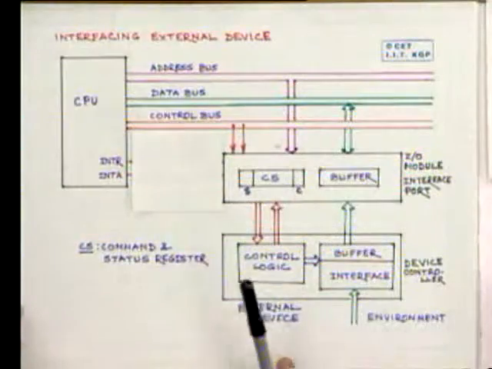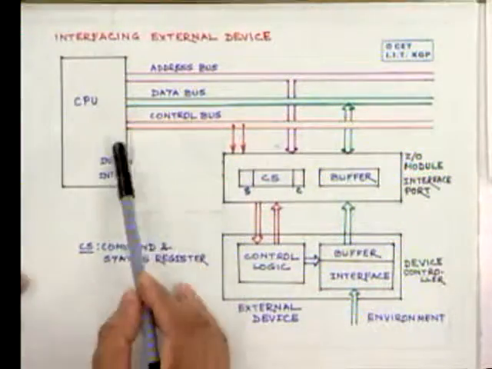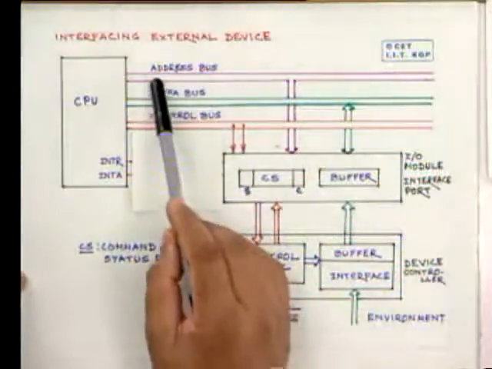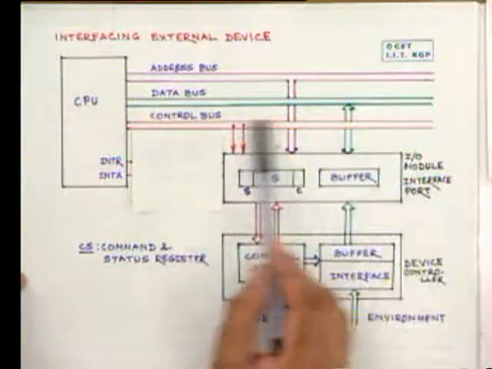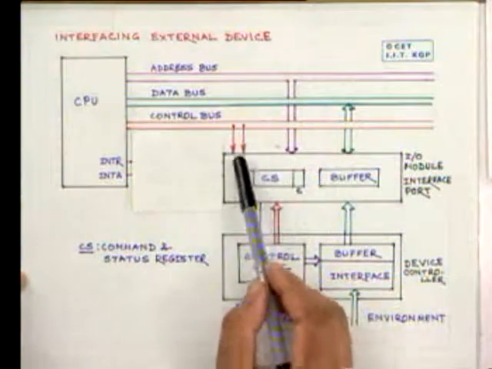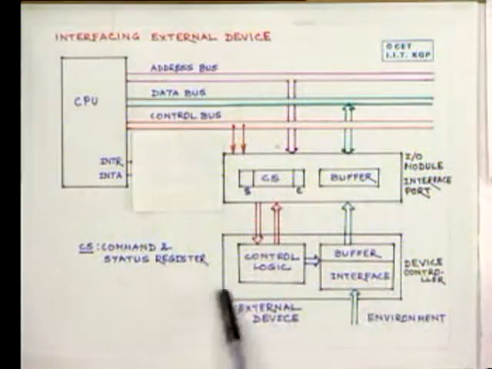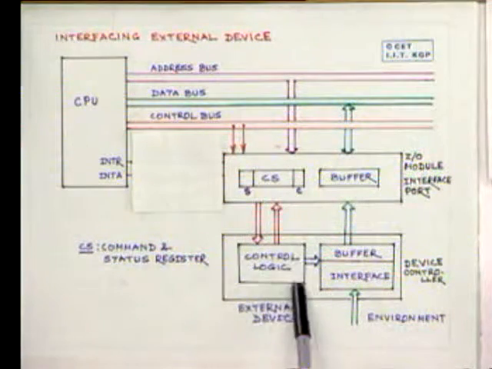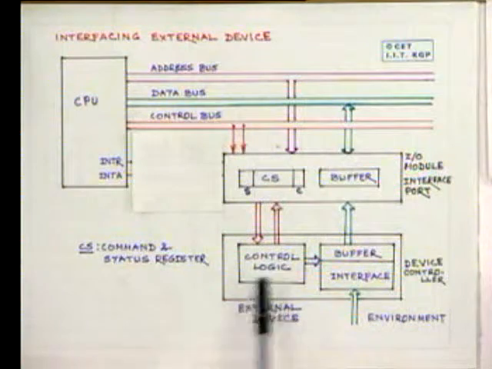You see here that we have the CPU, and the address bus, the data bus, and the control bus are there. We have to connect an external device. Say this is an external device. This device has its own control logic, electronic control logic.